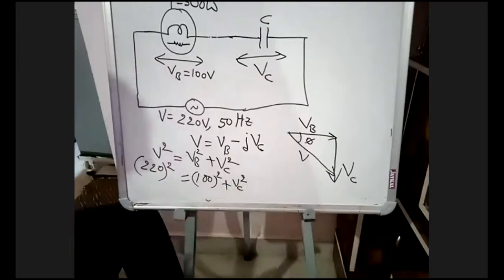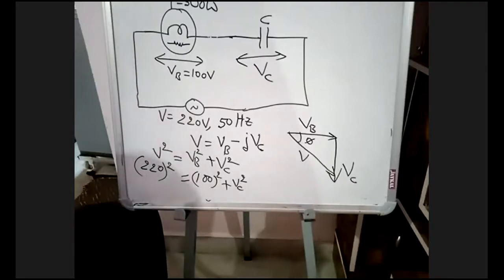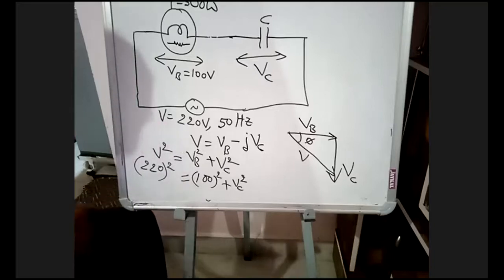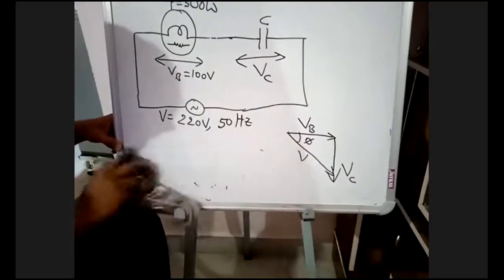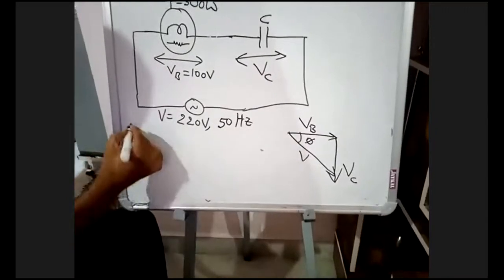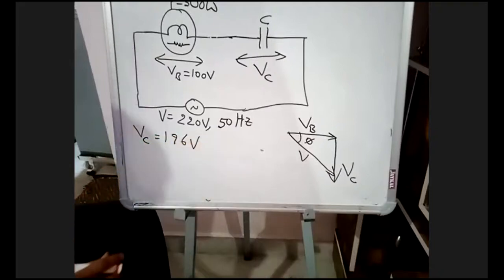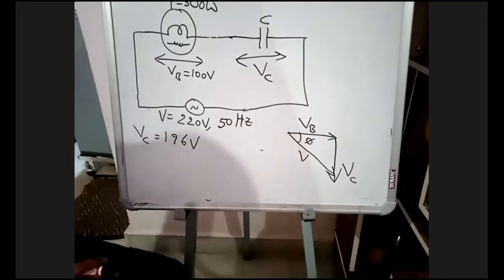Now calculate the value of VC. You'll get this. VC is equal to 196 you'll get.